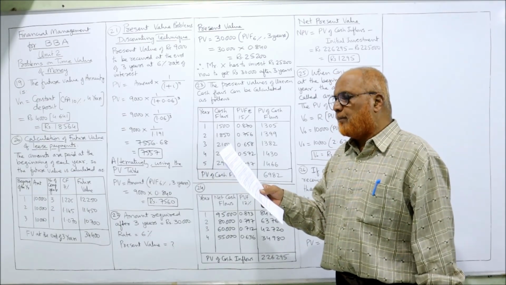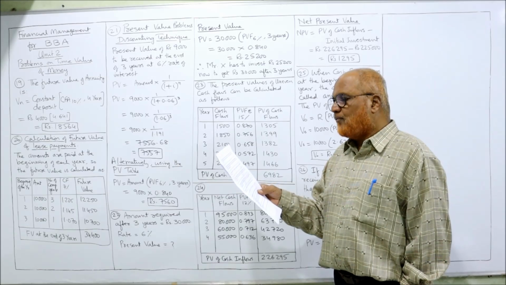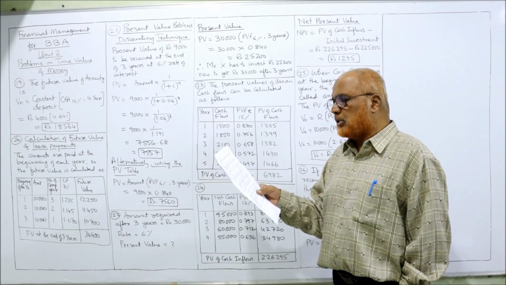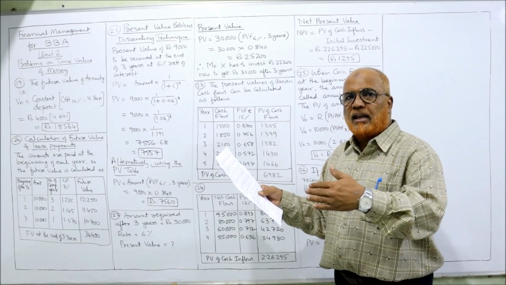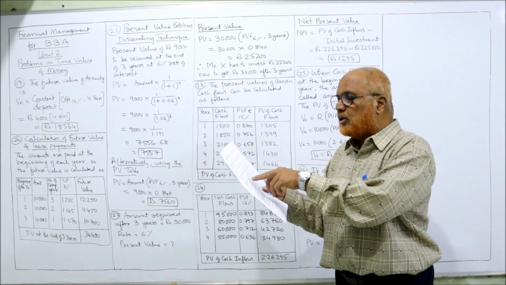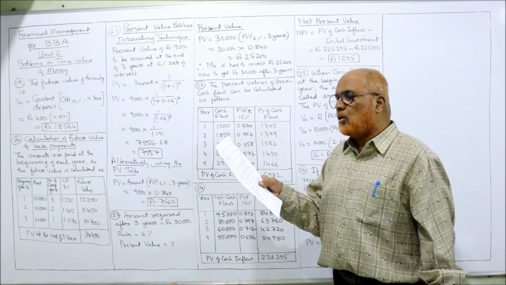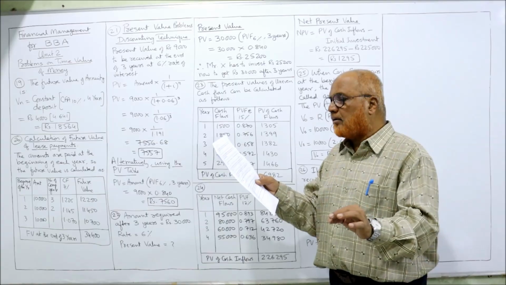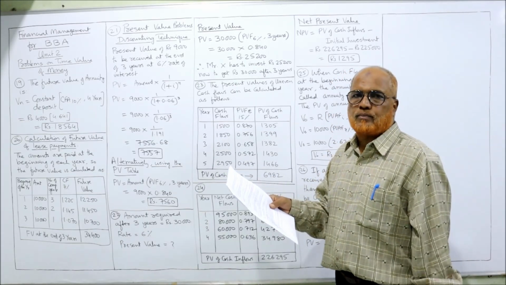Now, 23rd problem. The cash flows of a company for the next 5 years are 1,500, 1,850, 2,100, 2,500, 2,950. So every year, at the end of the year, we are going to get these amounts, uneven amounts. Assuming the discount rate is 15%, calculate the present value of these uneven cash flows.